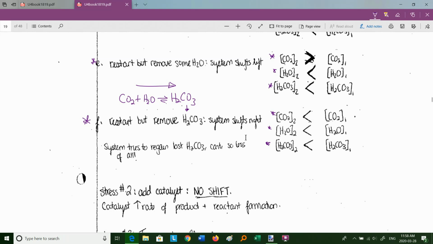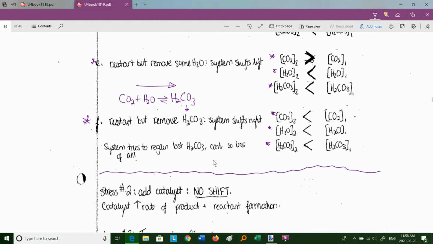Okay, so that's the first one. Now, on to the second stress, which is adding a catalyst. And you'll like this one because adding a catalyst doesn't cause a shift. It just allows the reactants to form products and the products to bounce back to reactants at a quicker pace.